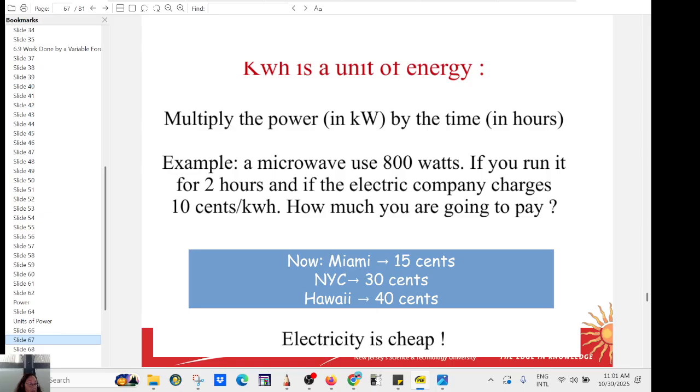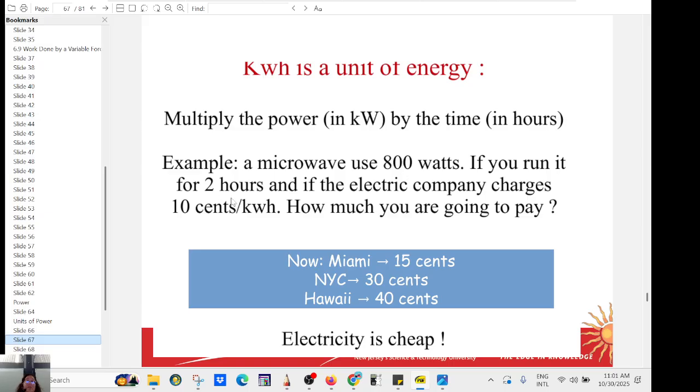For electricity, of course, the issue here is that you have to use AC, right? But anyway, let's do the computation. You have 10 cents per kilowatt hour. You are using an 800-watt microwave and you use it for 2 hours.